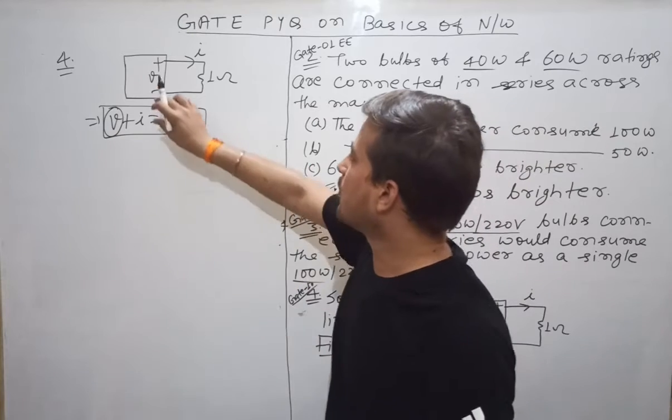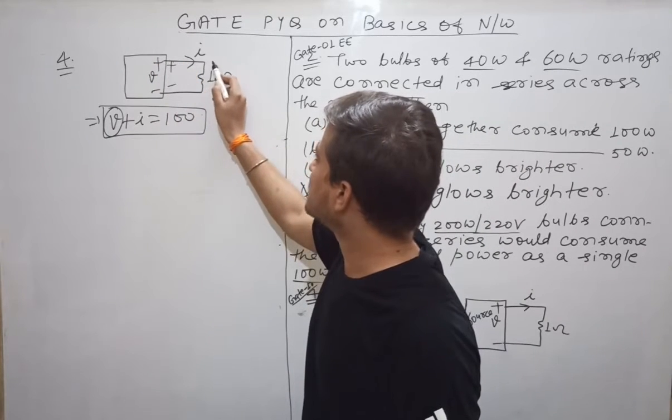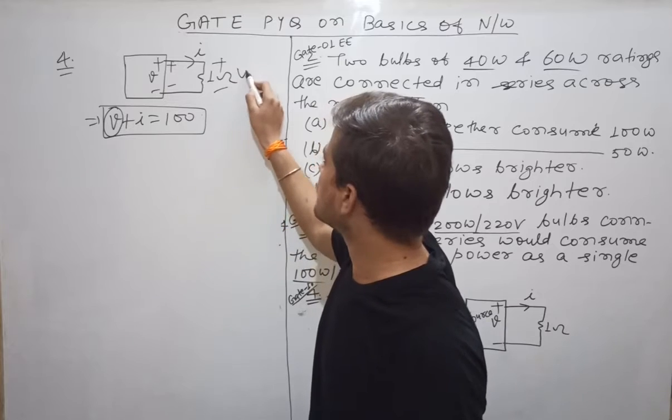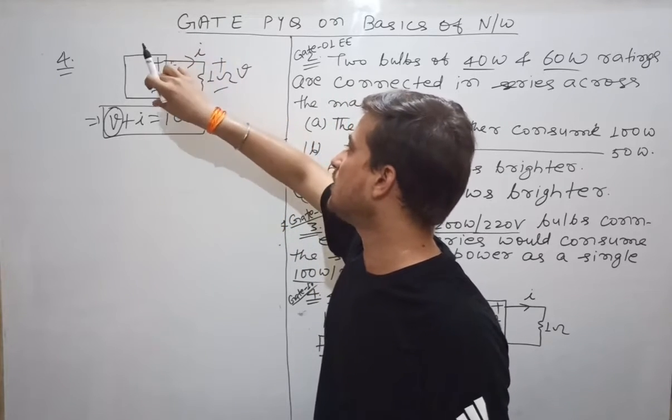See, the voltage across this source is V. That means the voltage across this terminal is also V, because there is no resistance connected between the load and the source.